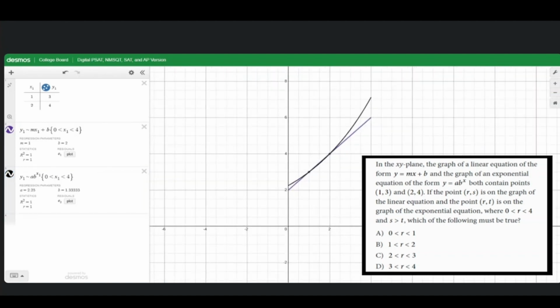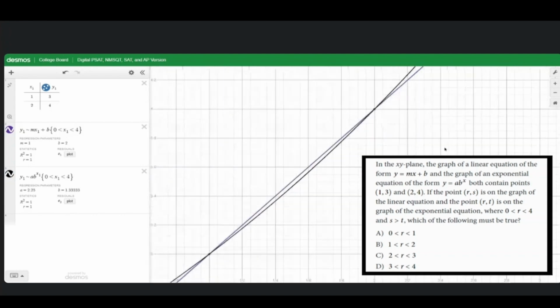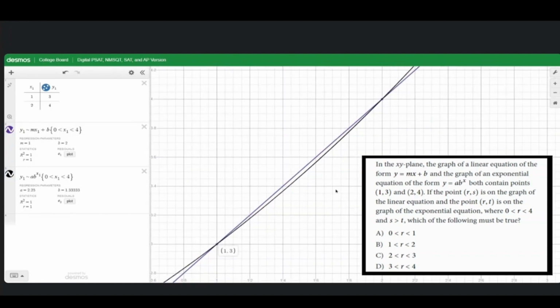Now I want to find in which x interval the y of the linear is greater than the y of the exponent. In other words, the linear should be above the exponent. It's a little difficult to see right now, but if you zoom in, you see that between this point and this point, the violet line, that's a straight line, is above the black one, that is the exponent.